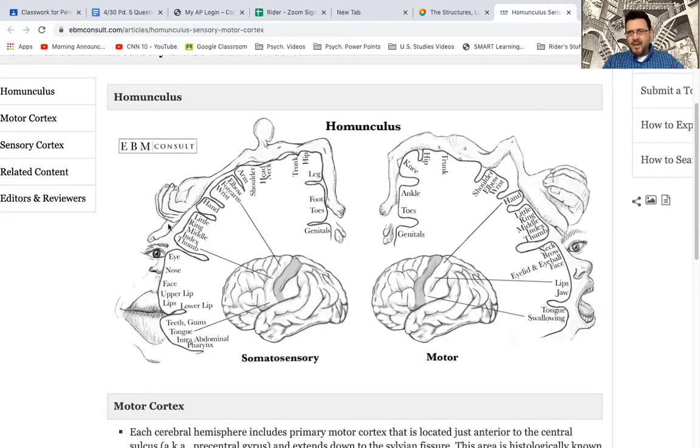Folks, this should make evolutionary sense, right? An evolutionary psychologist would say, duh, because that's how they talk, right? Duh. These are the parts of the body that are most important for getting information pertaining to our survival, right? Look, in the sensory cortex, for instance, there's not a huge area dedicated to the arms.